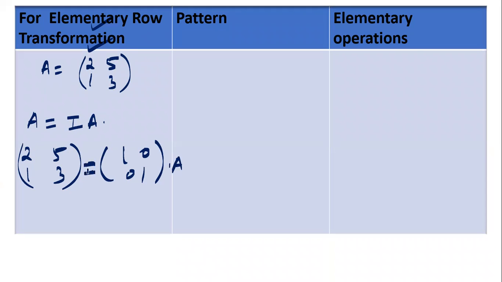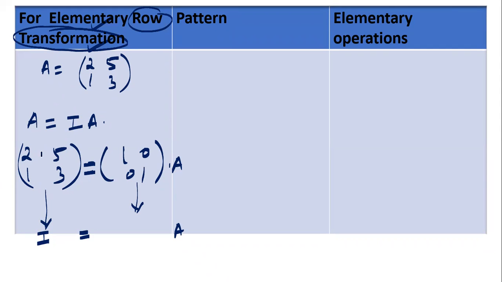What would be our main purpose? I will make a few transformations and make this matrix the identity matrix. This A will be as it is and I will make the transformation in rows only because we are talking about row transformation.